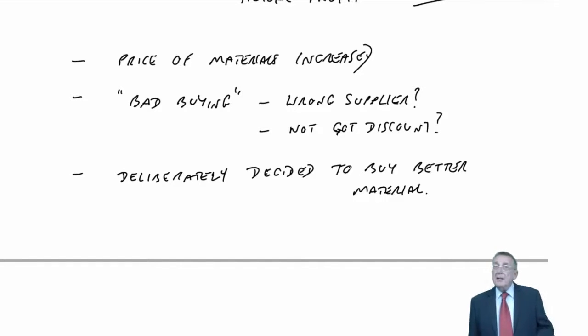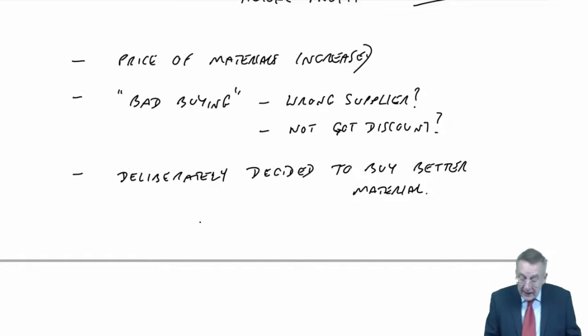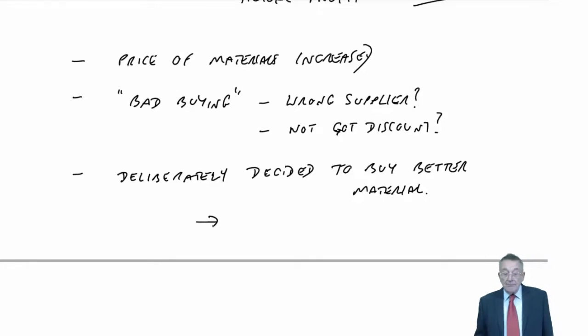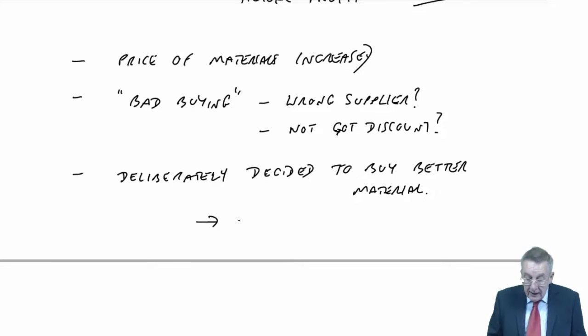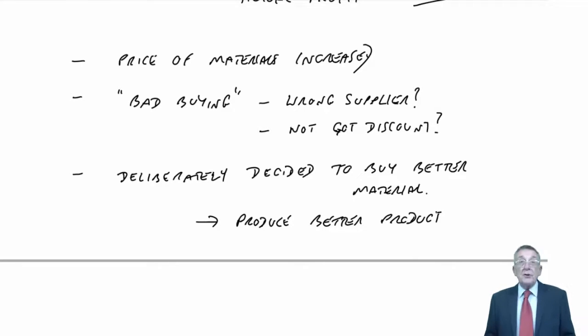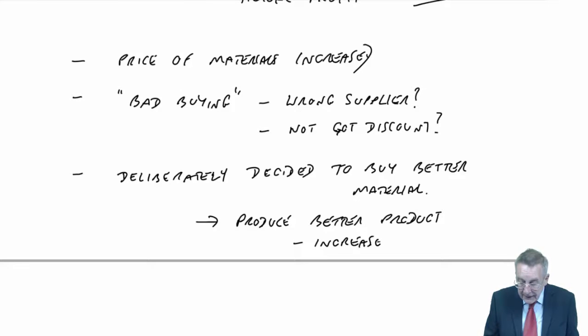There are two reasons you might consider it. It could be because if you've got better material, we can produce a better product. And of course, why produce a better product? We're not a charity. If you do produce a better product, then we can either increase the selling price, or maybe we can sell more units.